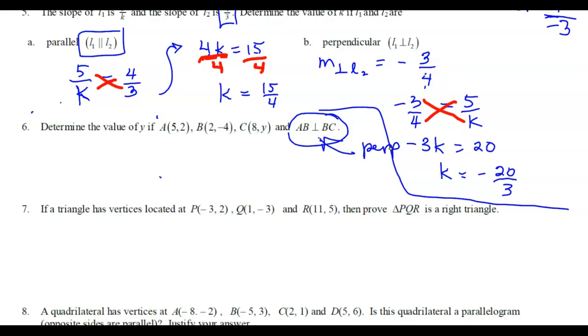So that means the slope of AB is a negative reciprocal, well, perpendicular to the slope of BC. Okay, so now calculate. What is the slope of AB? What is the slope of BC? One of them will have a y in it still.